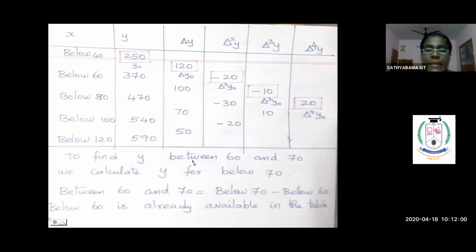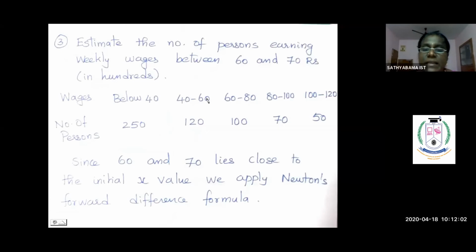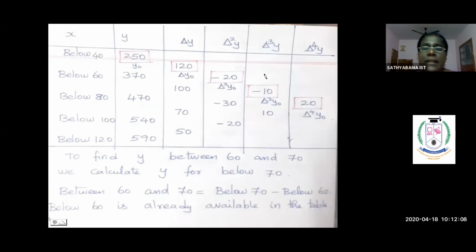So I'll repeat again, if the class intervals are given, you need to calculate the single x value by reconstructing the table like this. And if you want to calculate between 60 and 70, calculate below 70, and below 60 is already available in our table. So if you subtract these two values, you'll be getting between 60 and 70.